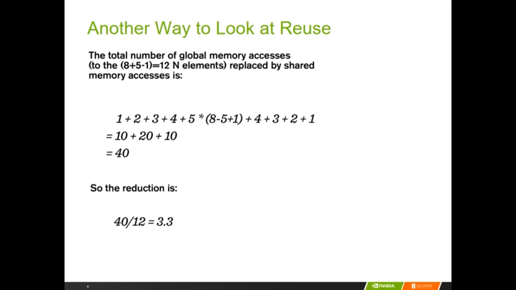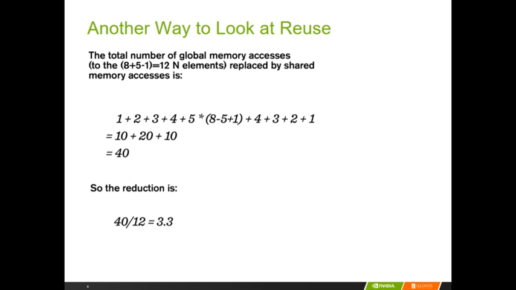Now that we know the number of times each input element will be used in the shared memory, remember that each use of the shared memory eliminates an original global memory access. So from our previous slide, the number of times that each element is accessed is 1 plus 2 plus 3 plus 4, and then we have several elements that are reused 5 times.